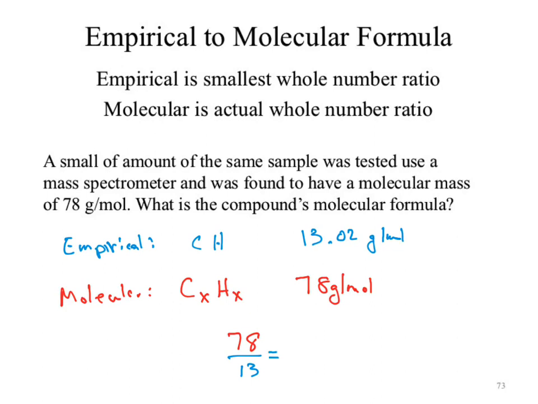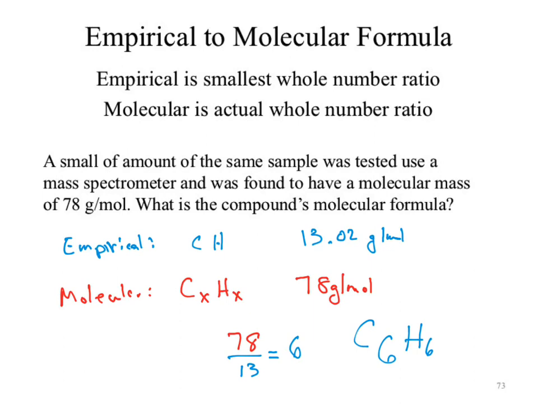What number do I get? 6. What this is saying is that 6 CHs fit into the molecular compound. Which means what should my molecular formula be? C6H6.